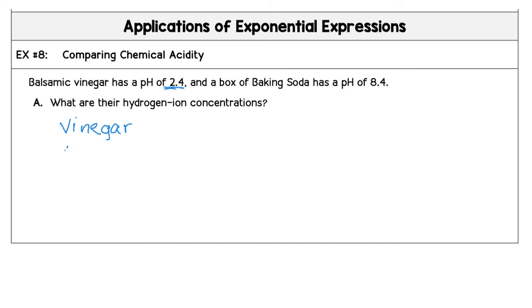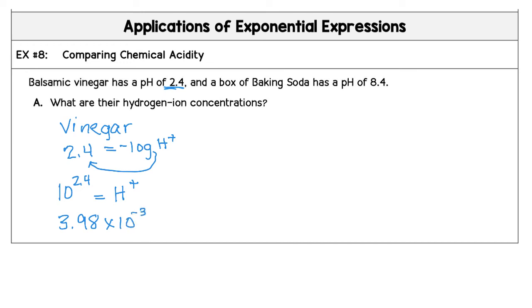So from here, you have 2.4 equals negative log H. And so you're going to say 10 raised to the negative 2.4 equals H. And so from that, we're going to get 3.98 times 10 to the negative 3 moles per liter.